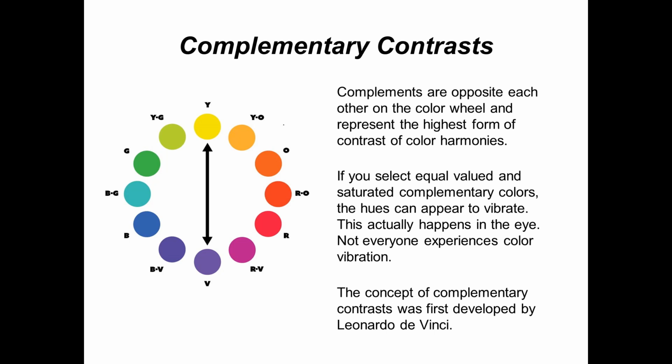If you have a client and they're telling you that you've got a color combination going on that's creating a vibration and you don't see it, take them at their word. All you need to do is change the purity of one of those colors or the value of one of those colors, and you will probably cut out the vibration. The concept of complementary contrasts was first developed by Leonardo da Vinci.